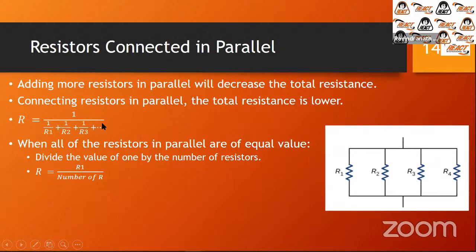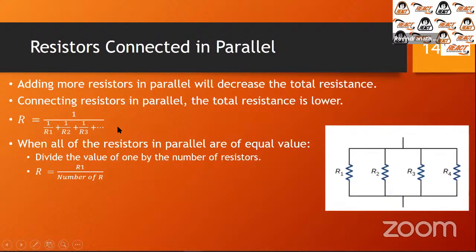And like the series circuit, we also have a formula for calculating the total resistance when you have more than one resistor in a circuit in parallel. This is our formula. It looks a little bit cryptic, but we will deal with it. It simply means that the total R, resistance total, is equal to 1 over R1 plus 1 over R2 plus 1 over R3 plus, if there was a fourth one, it'll be 1 over R4.